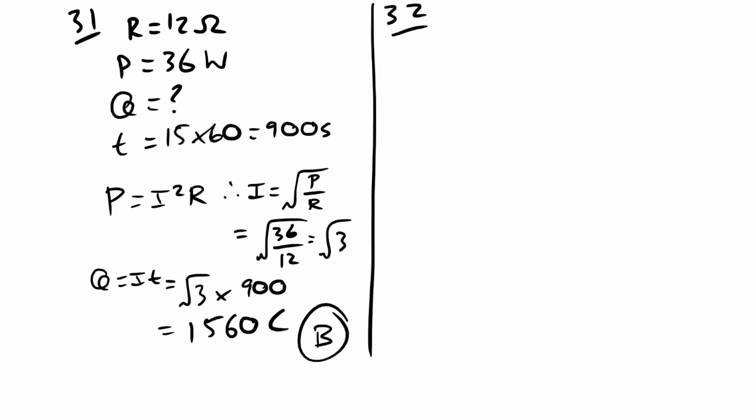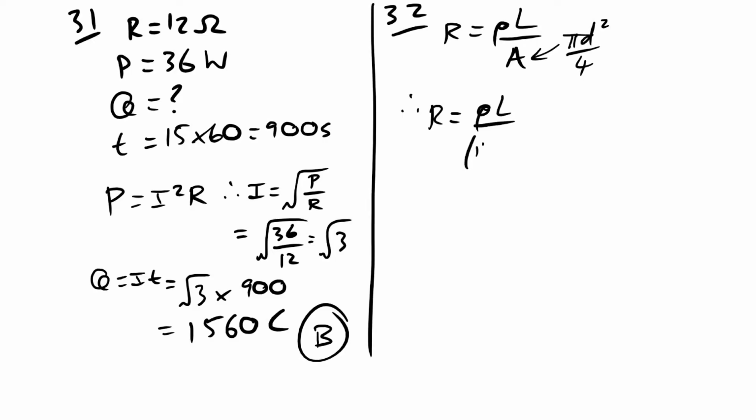32. Resistor of... Okay, right. So it's just rearranging our resistivity equation. R equals rho L over A. But we know that area is pi d squared over 4, because it's pi r squared, but then radius is half the diameter. So therefore, resistance is equal to rho L over pi d squared over 4. We can stick the 4 on top there, so that's equal to 4 rho L over pi d squared.